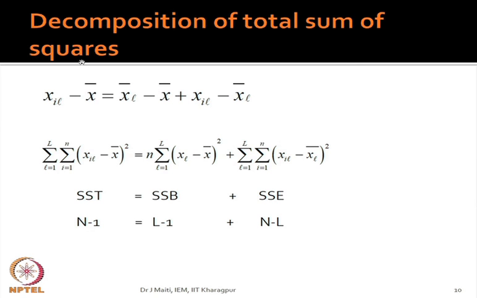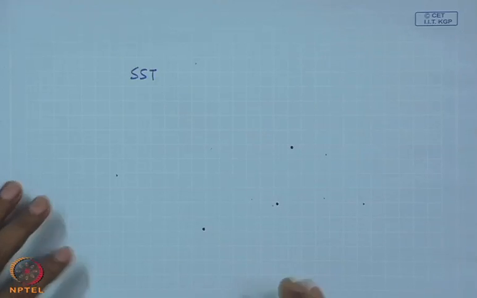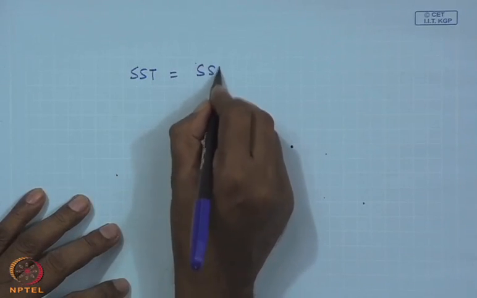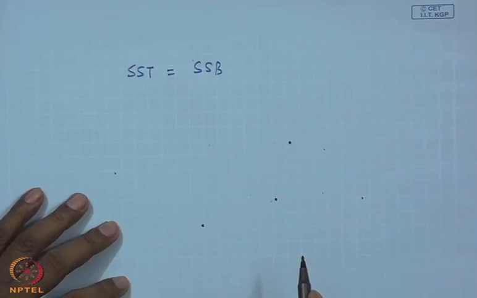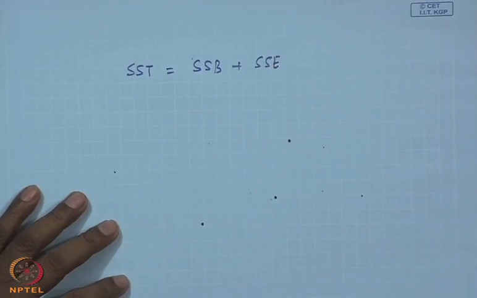We are basically dividing the total variability, in terms of sum square total, into variability explained by the population plus variability not explained by the population, correct.